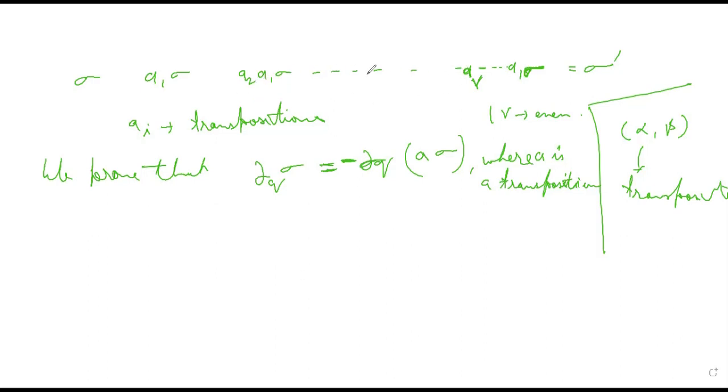If you continue like this, because r is even, sigma prime is obtained by applying an even number of transpositions over sigma, which means the boundary map applied over sigma equals the boundary map applied over sigma prime.